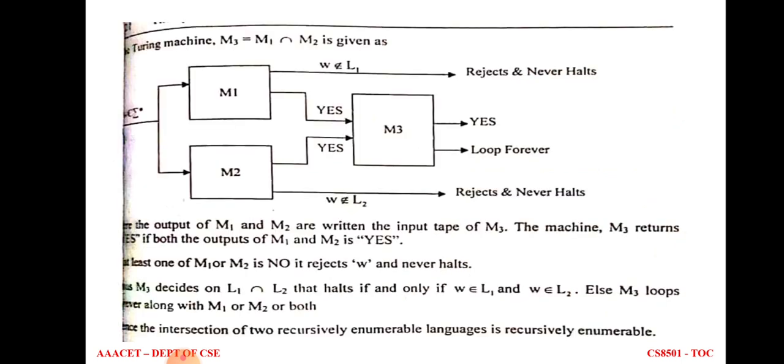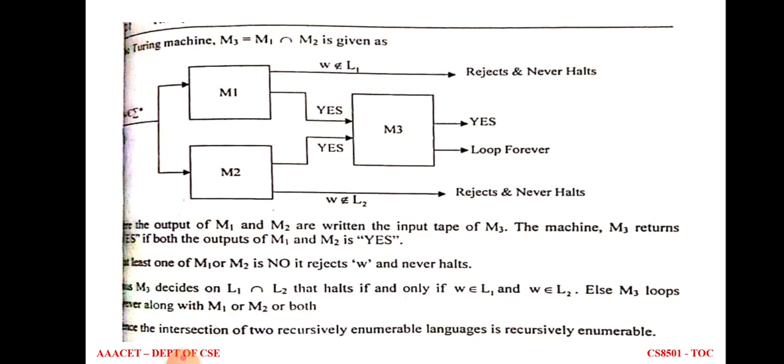This is the diagrammatic representation of the intersection of two recursive enumerable languages being recursive enumerable. Here also the formula is M3 equals M1 intersection M2. The outputs of M1 and M2, yes and yes, become the input of the another Turing machine M3.